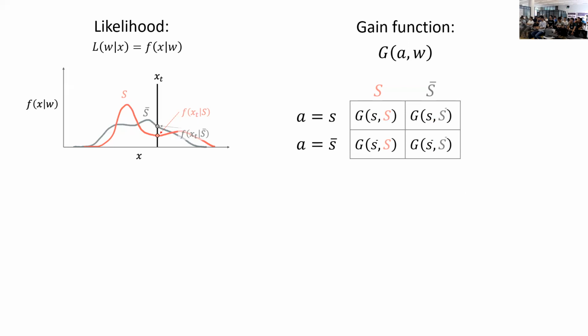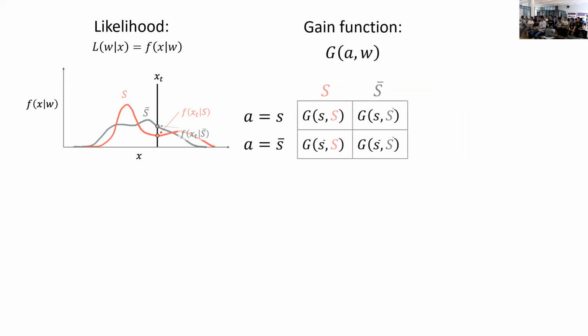Okay, so we have settled with the gain function, and the last missing piece would be the prior. So it's a probability we believe is signal or the noise. And in this case, of course, they should add up to 1.